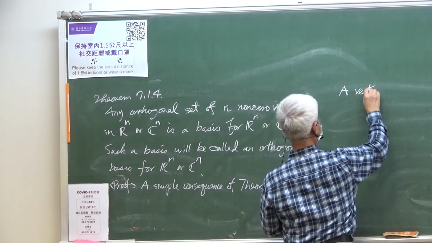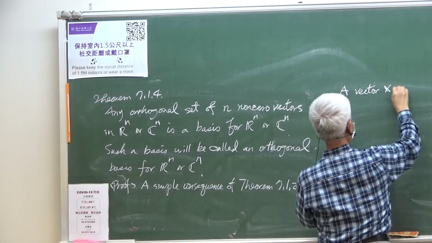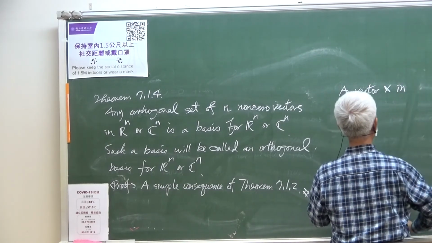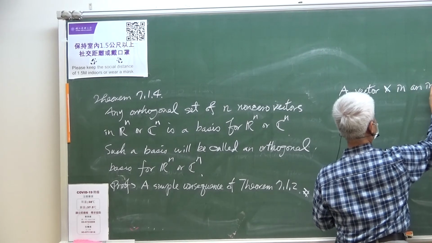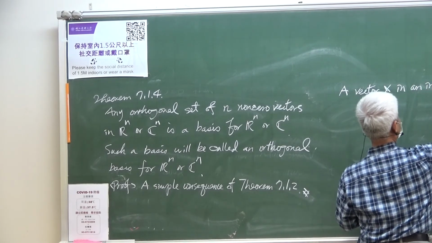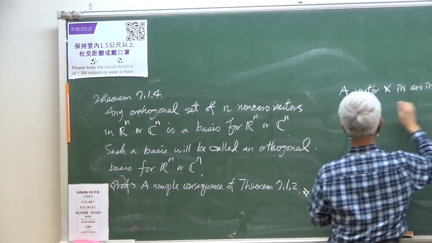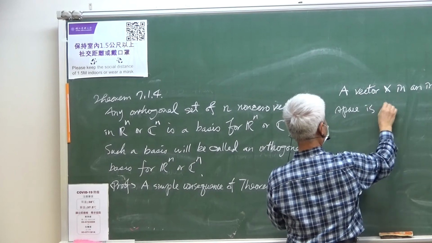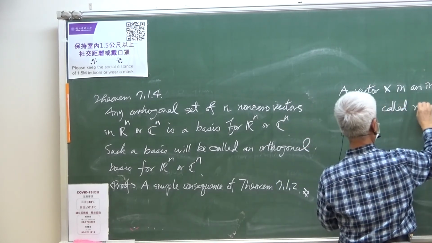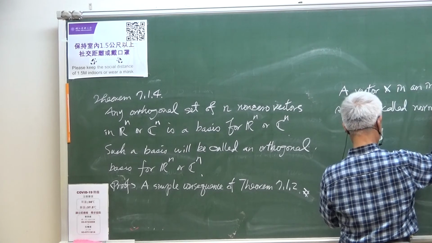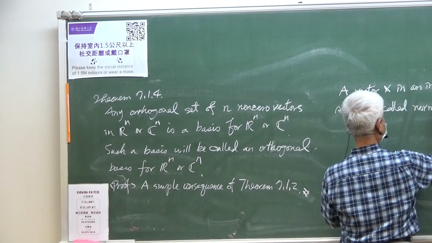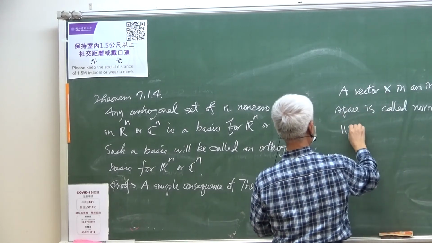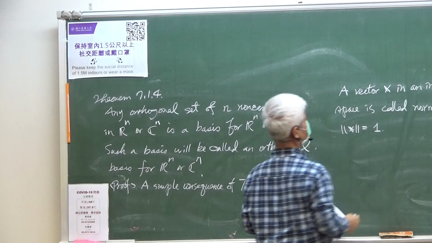Now we'll give another definition. A vector x in an inner product space is called normalized if its length is equal to 1.